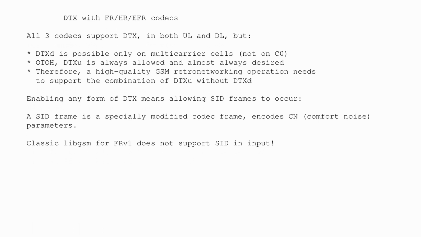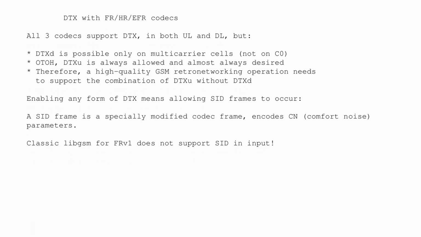On the other hand, in the uplink direction, you can and almost always want to do physical DTXU. So in the uplink direction, you just set it in your Osmo BSC config. You say DTX uplink, you enable it or disable it. And if you disable it, you'll just be wasting battery power in phones, because the phone will have to burn up its battery transmitting the burst in every single frame, whether you're speaking or not.